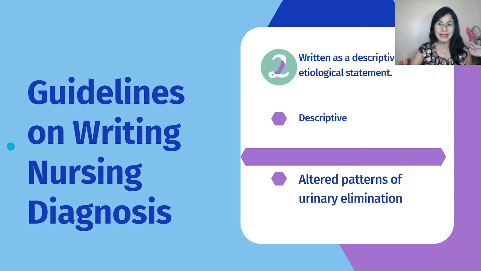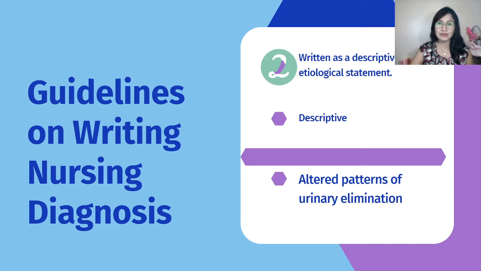It actually identifies the client's response to an actual or potential health problem, disturbance in life processes, patterns, functions, or development. This is the specific label for the response, and again, you have to check the NANDA.